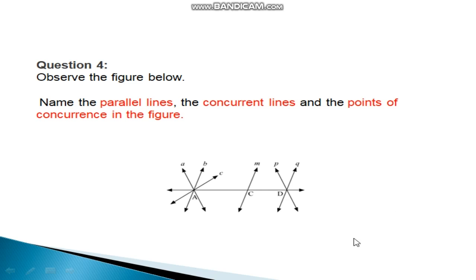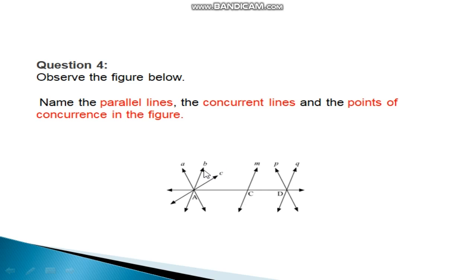See students, in this particular figure, parallel lines. You know what is the definition of parallel lines? Lines that never meet. Clear? So here you can see line B, line M, line Q, all are parallel.